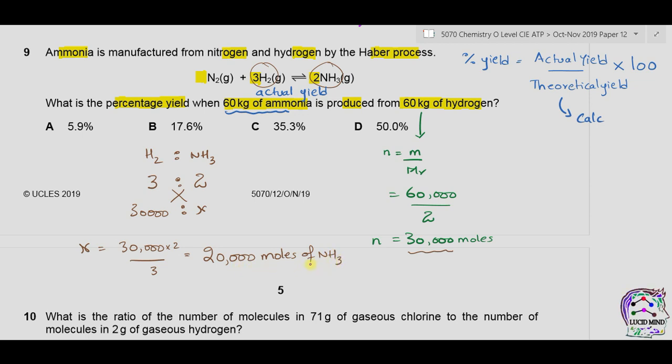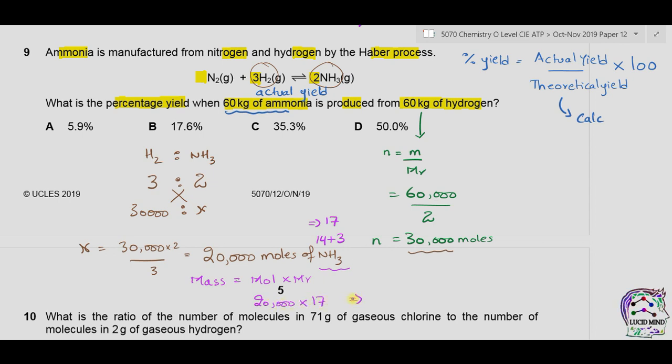Let's convert these moles into mass. So mass is equal to moles into molecular mass. For ammonia we have 1 nitrogen atom and the atomic mass is 14, and we have 3 hydrogen atoms, so the atomic mass is equal to 3. In total the molecular mass of ammonia becomes equal to 17. So instead of moles we can write 20,000, and in place of molecular mass we write 17.